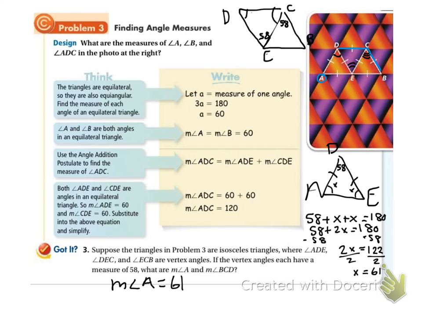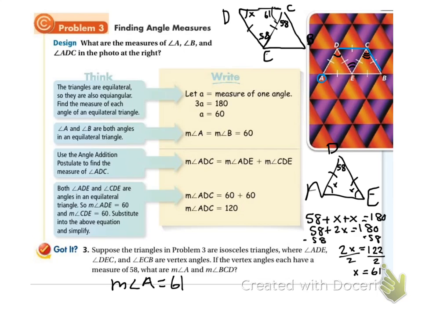This is an isosceles triangle, so the base angles are congruent, so those would both be x's. If I add it up again, I'm getting exactly the same equation. So I would solve it, and I'd get x is equal to 61. So this angle right here is 61.